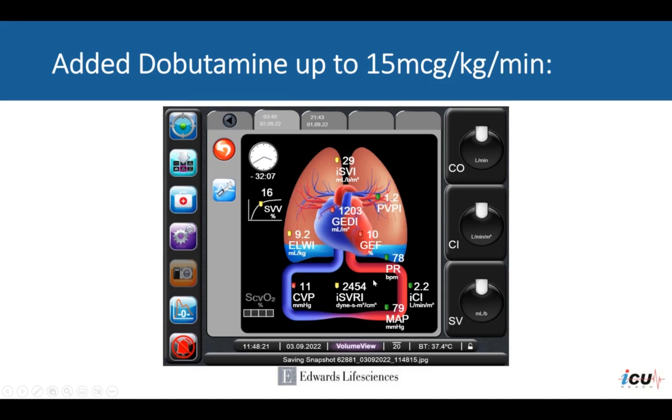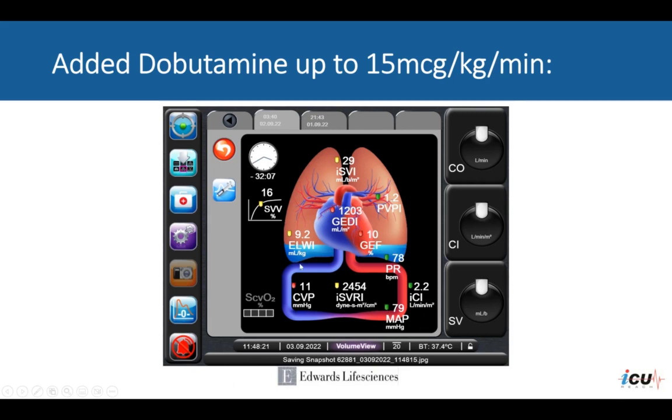Dopamine is a beta-1 stimulator. It's going to increase the heart rate. It's going to increase the cardiac index. You can see global ejection fraction improved. Stroke volume index improved slightly. At the same time, it's a beta-2 stimulator, and it would decrease the systemic vascular resistance, and it would decrease the mean arterial pressure.